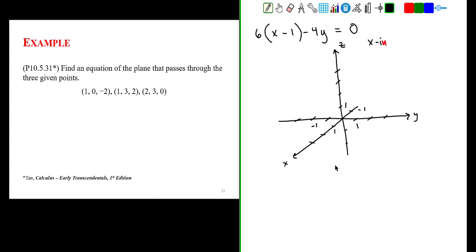For the x-intercept, we set y equal to 0. That means we have 6x minus 1 is equal to 0. When we solve this, we get x is equal to 1. That is right here in our graph.